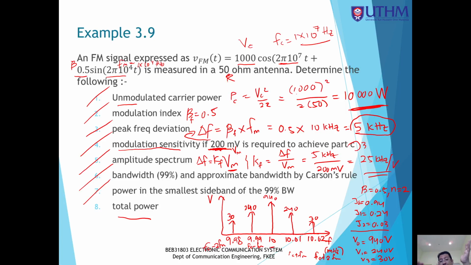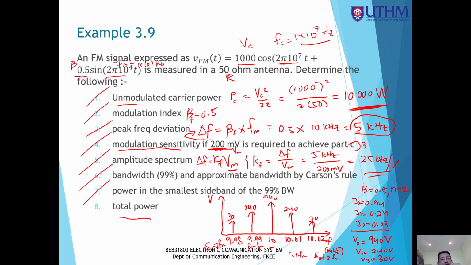After we put the bandpass filter, we only need to consider the carrier and the first spectrum, upper and lower. The first sideband, upper and lower. But in this case, the total power is related to the total spectrum.